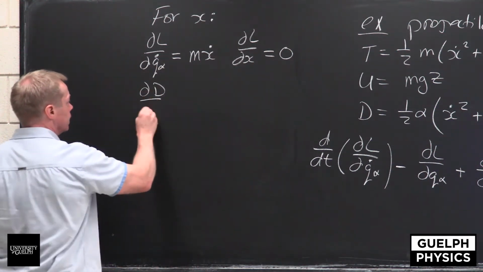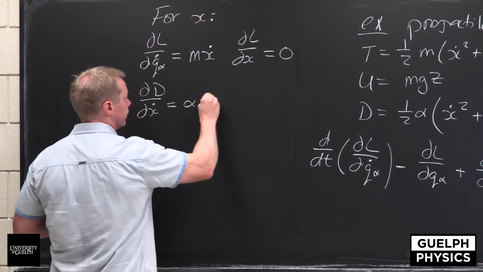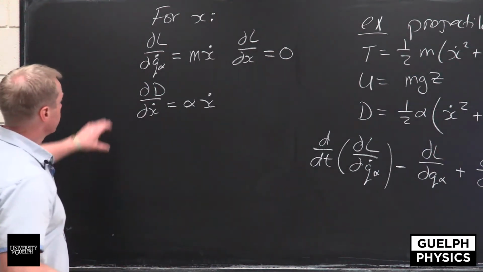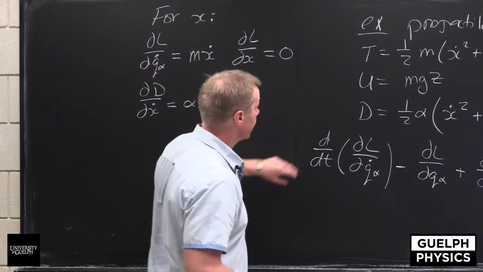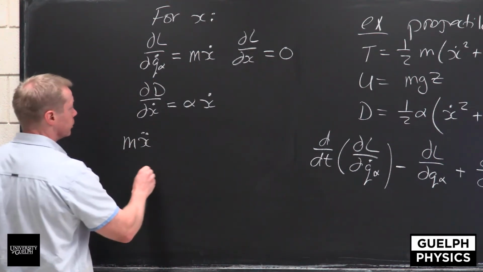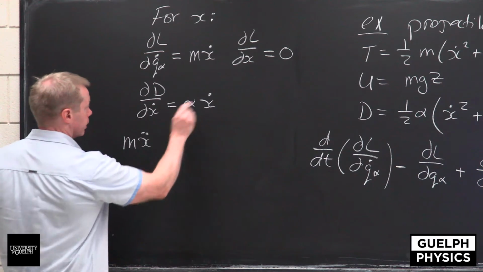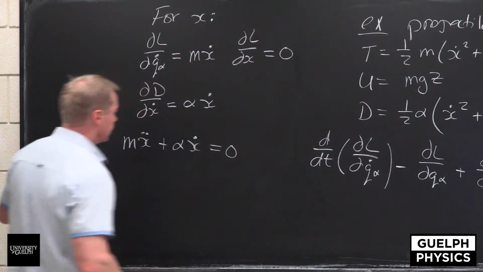And ∂D by ∂x dot is alpha x dot. And so when I form the equation of motion for the x component, I have m x double dot plus alpha x dot equal to 0.